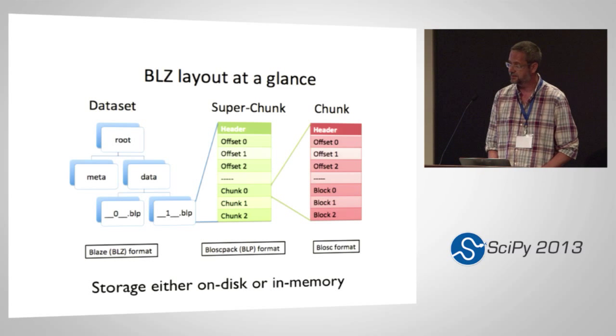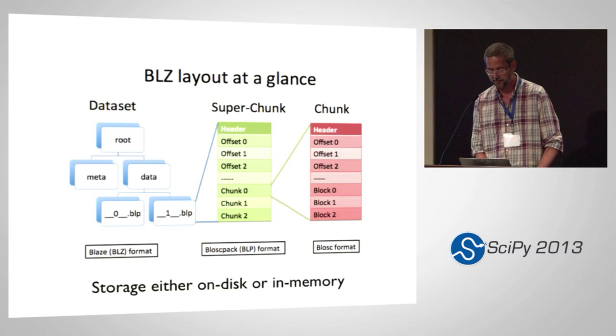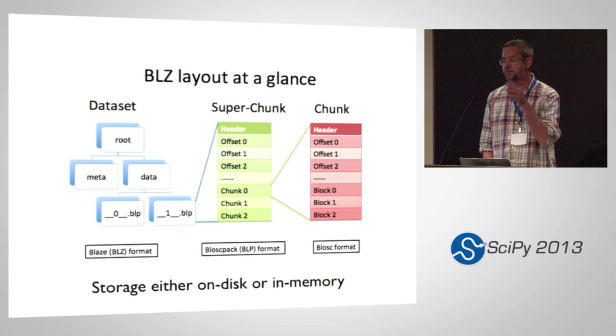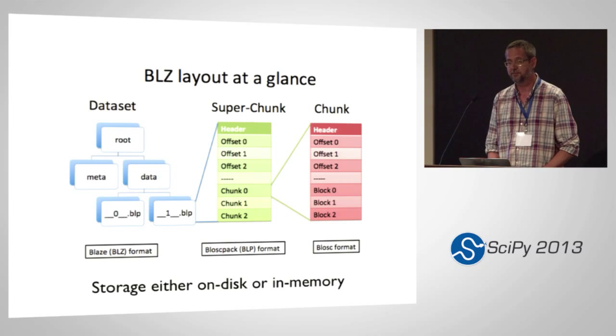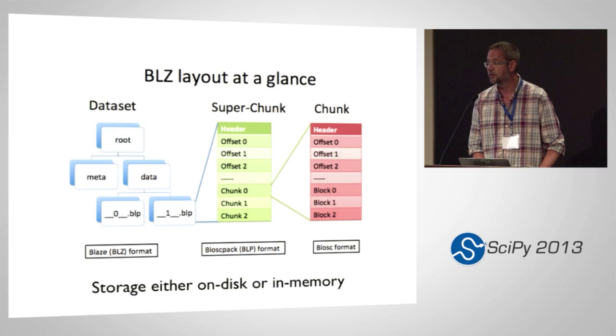Each superchunk is composed of a series of chunks. That provides a lot of flexibility to distribute the different superchunks on different machines for distributed purposes. And it's important to say that the storage can be either on disk or in memory.